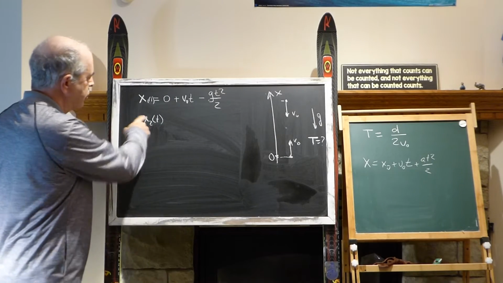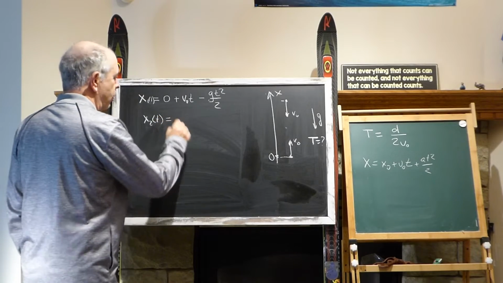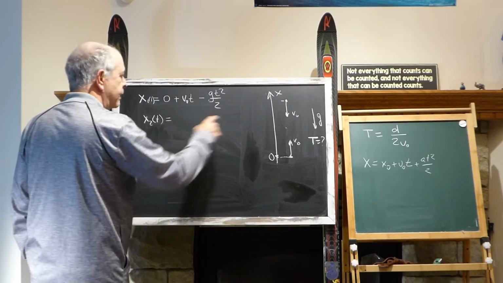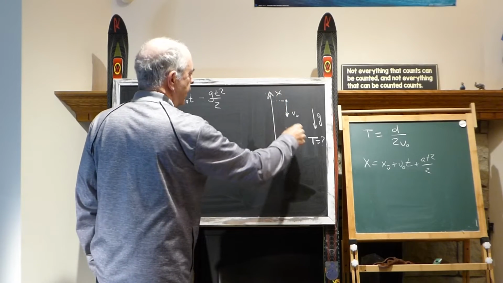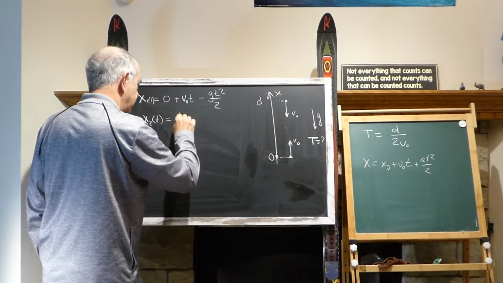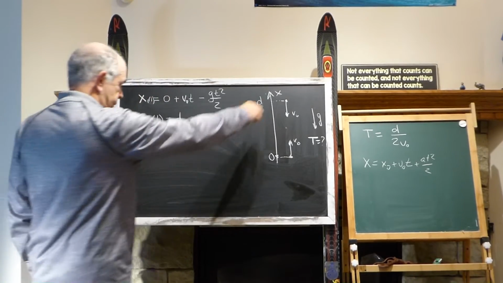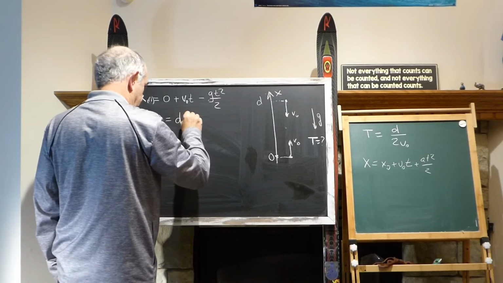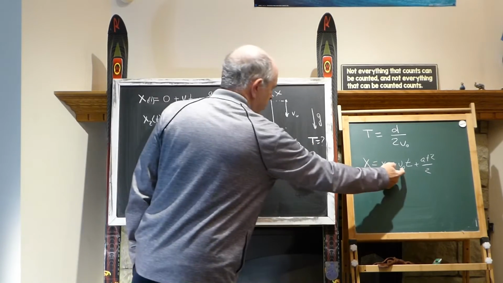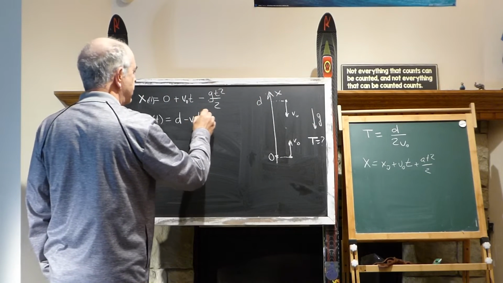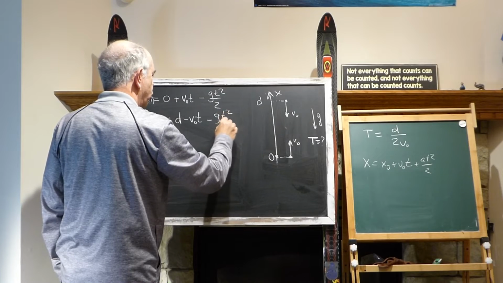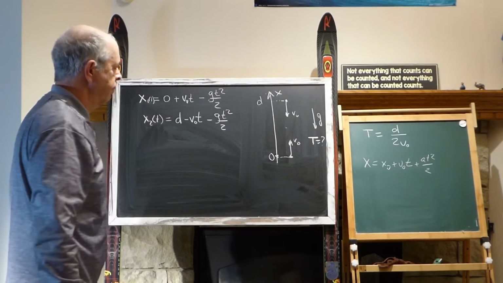x2. Okay, at the initial moment the body is located here, and this distance is d, so this coordinate is d. v0 is directed down, so it would be minus v0t, and it would be minus gt squared over 2, right?